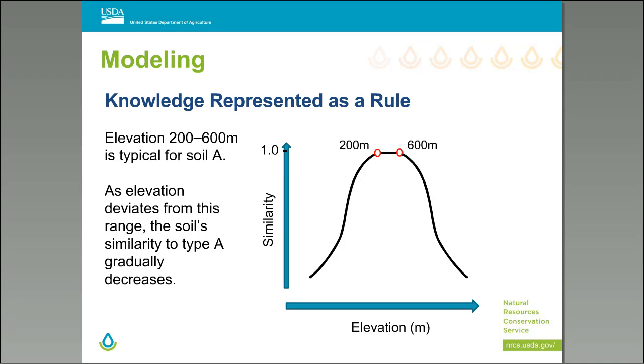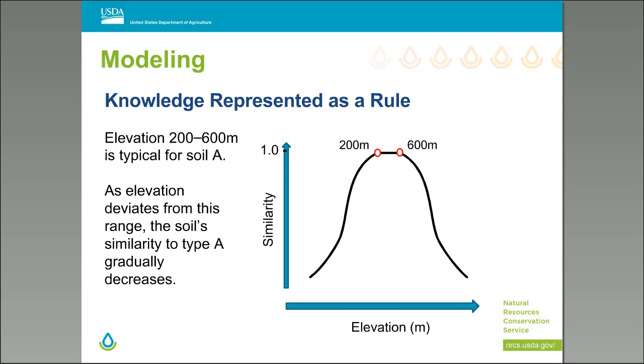Like, you might know that a certain soil tends to occur at certain elevations. So if you know that soil A occurs between 200 and 600 meters, you can confidently say that between those elevations, we expect to find soil A. But the thing is that for almost everything, as you deviate from those values, it doesn't all of a sudden mean you're never going to find that soil.